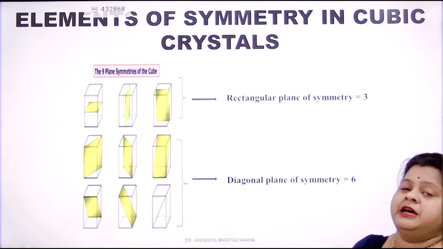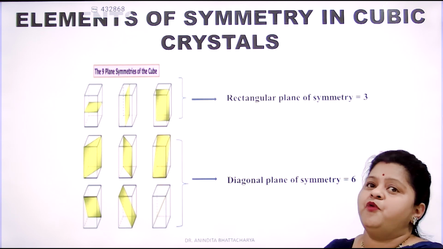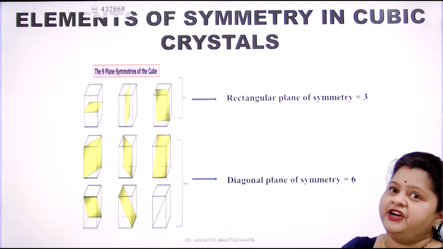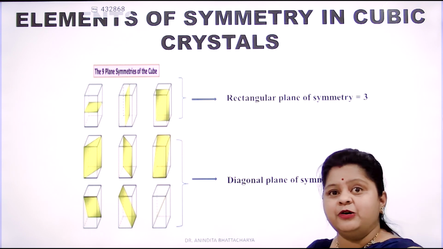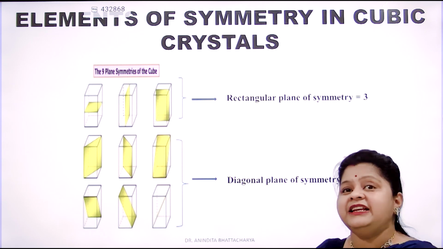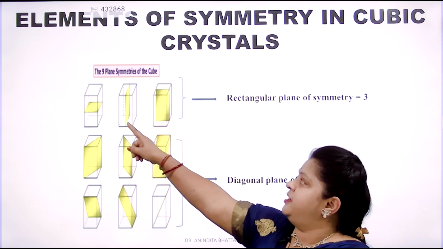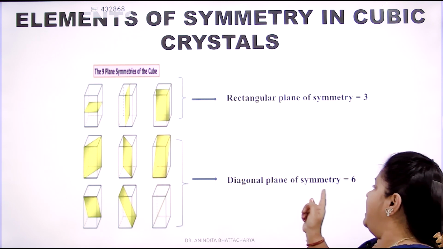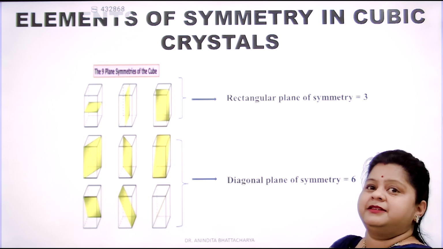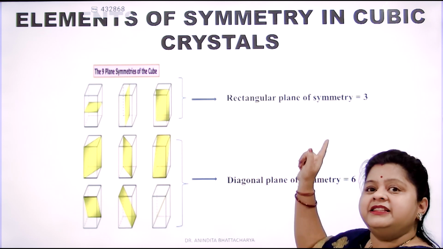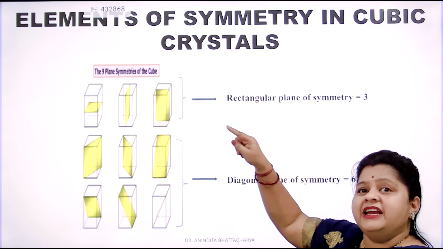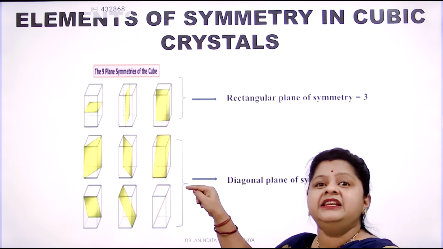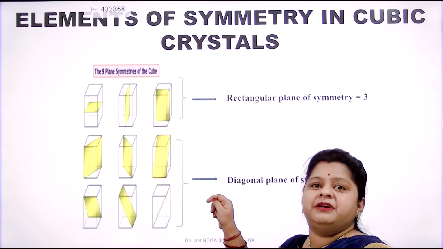These are the planes of symmetry which a cubic crystal is possessing. I told you there are 2 types of planes. One is the rectangular plane and the other is the diagonal plane. And you can very well see the rectangular planes are 3, whereas diagonal planes are 6. So that makes it 3 plus 6, 9. And in the previous slide what we told you, that there are 9 planes of symmetry.